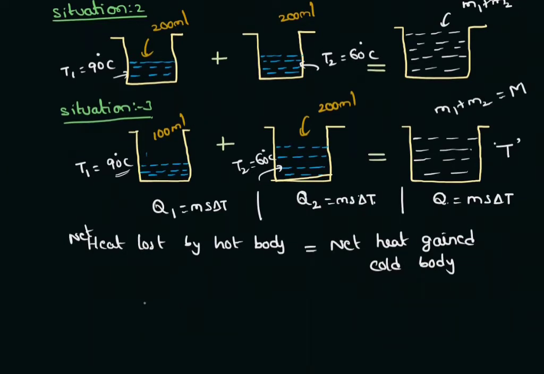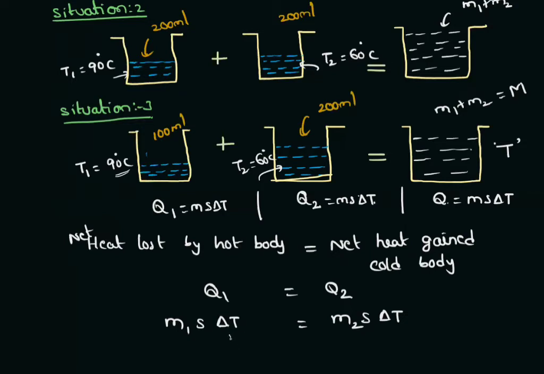For that, you are going to take Q1 equals Q2. Now M1 S delta T here, and M2 S delta T, because the cold mass is M2, and the hot mass is M1. Specific heat is taken as common because both are the same substance, that is water here in this case, right? So that's why delta T is the matter.